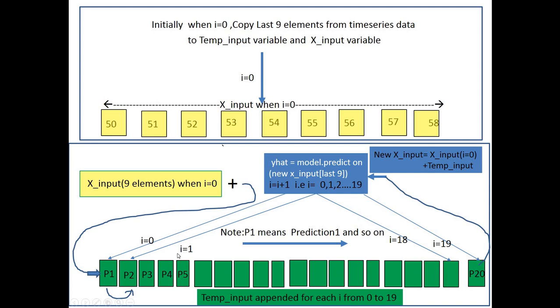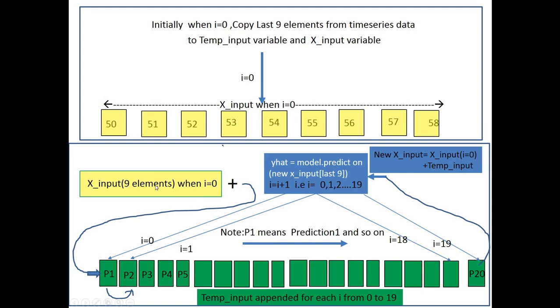Every time it predicts, these two are combined, so this temp input gets an addition of this yellow register and the green ones. That means this many data will be there. Every time it predicts, the last 9 data go into the prediction.